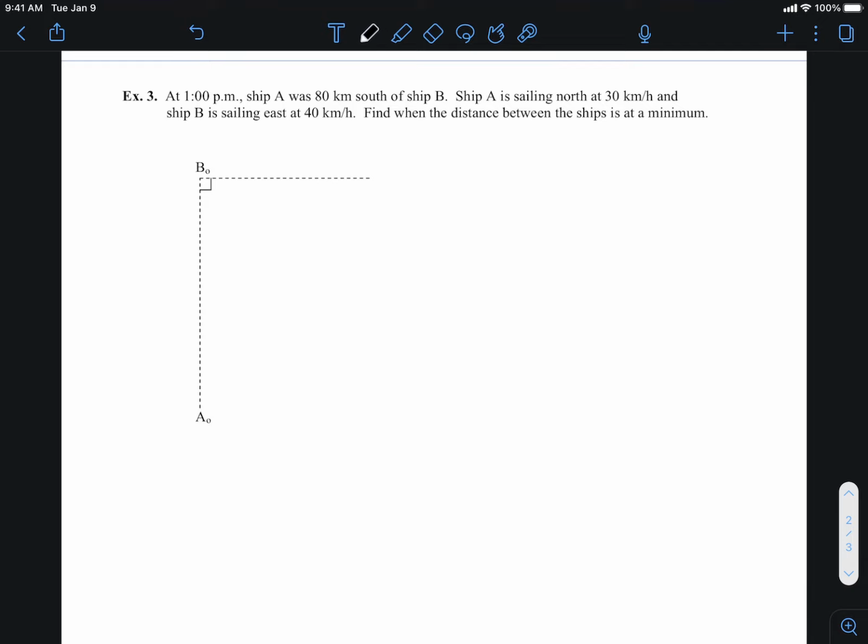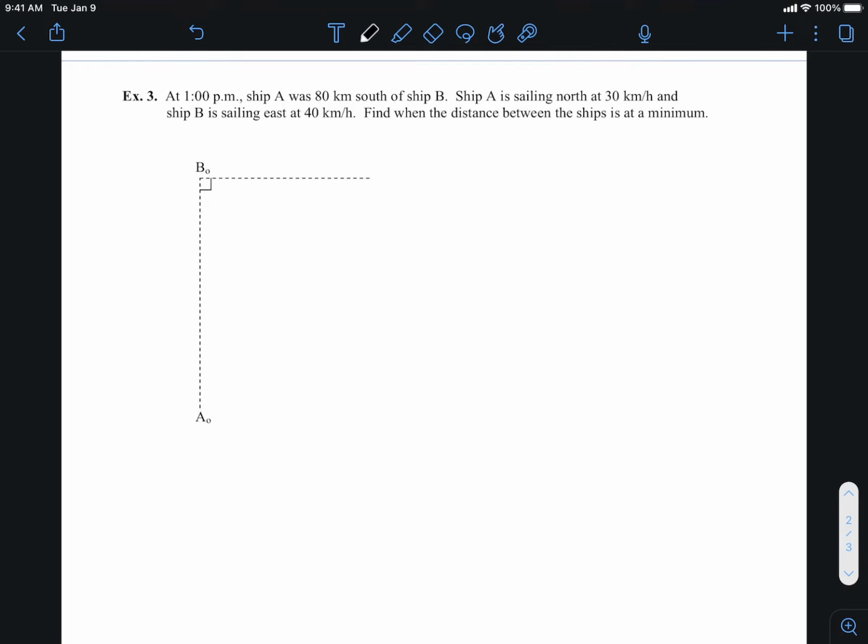So what you're going to see here is basically the question's set up in a way that initially A naught is denoted as the initial position of ship A, and B naught is the initial position of ship B, okay? And then after some amount of time, T, they've moved.